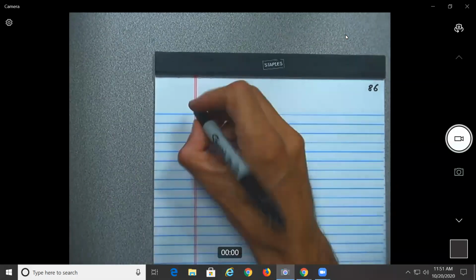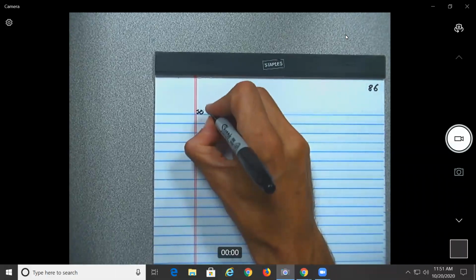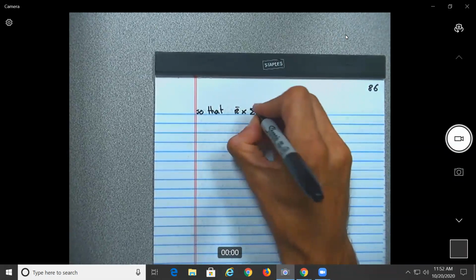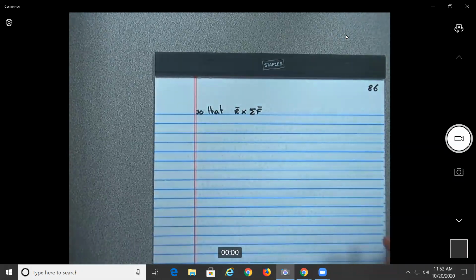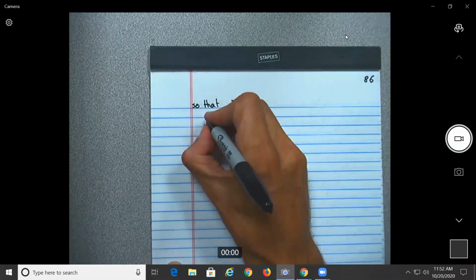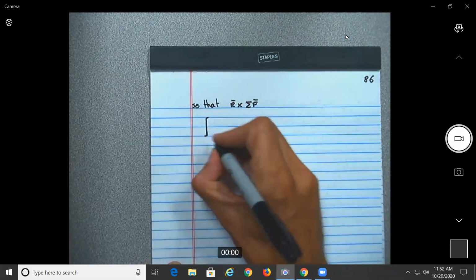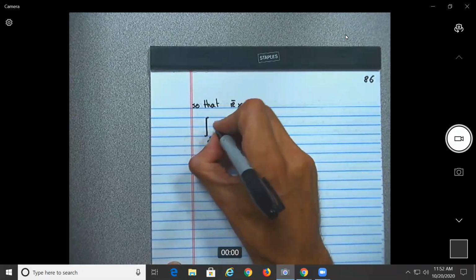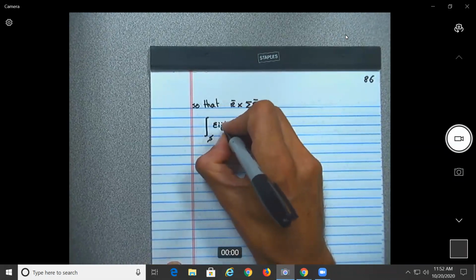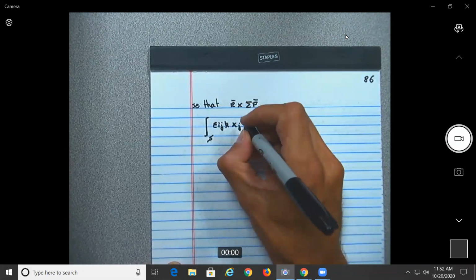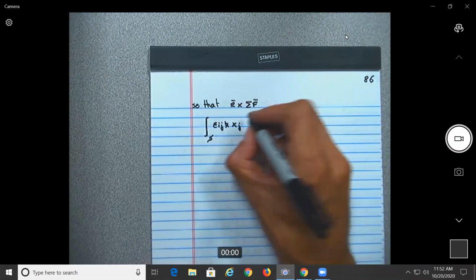Okay, so R cross summation of forces will become what? Summation of surface of epsilon ijk xj. All right, so let me hold on one second.